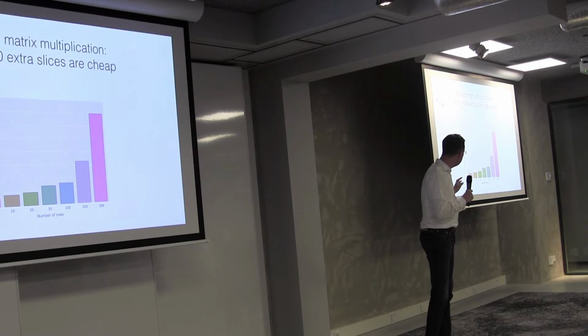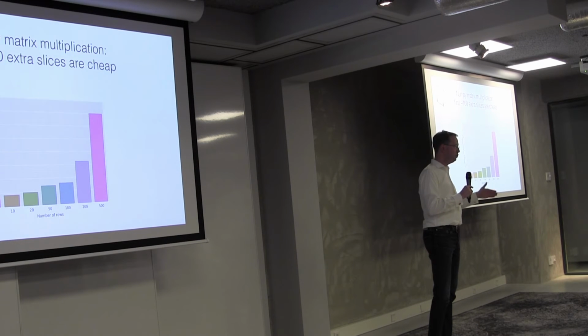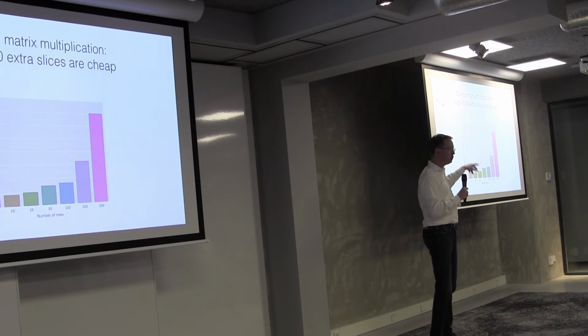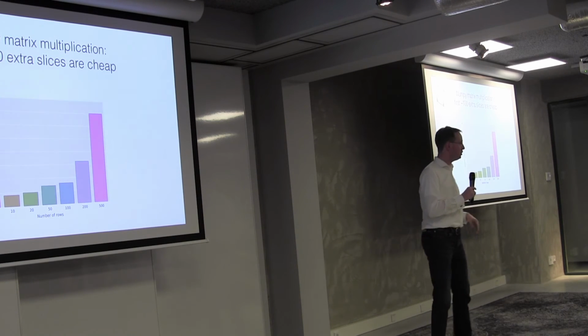So 20 is maybe a fraction more expensive. Even 100, it's not even twice as expensive as doing a matrix multiplication with 20. So that's an important observation. So you want to do a nice slice, but not too many, because after like 100 or so, the costs go up almost linearly.